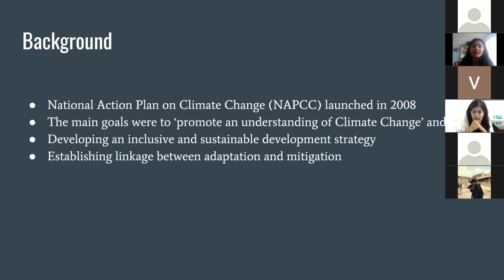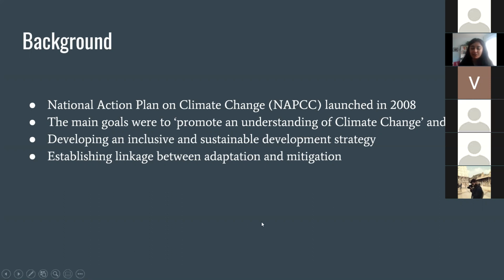But the idea was to find a balancing act between India's development goals and India's sustainable development, and how to also tackle the challenges presented by climate change at the same time.